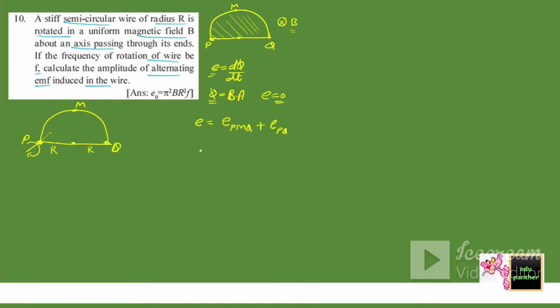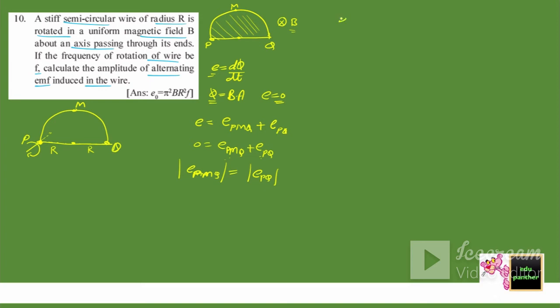So 0 is equal to EPMQ plus EPQ. It means that these two are equal with opposite signs, and that is why they are cancelling each other. EPMQ will be exactly equal to EPQ in magnitude, direction will be opposite, and that is why they cancel.